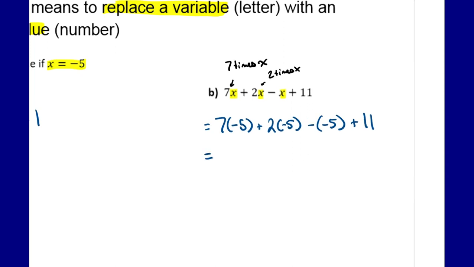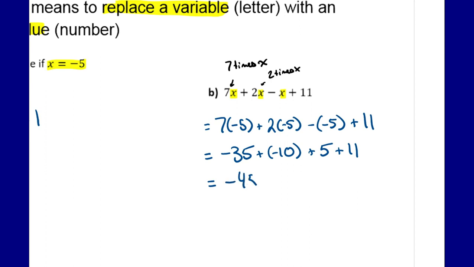Now I can go through and simplify. Right, I can do my multiplication first. Negative 35 plus negative 10. I'm going to cancel my double signs here. Plus 5 plus 11. And order of operations tells me to go left to right, whichever one comes first for addition and subtraction. So I have negative 35 plus negative 10, which is the same thing as saying negative 35 minus 10.